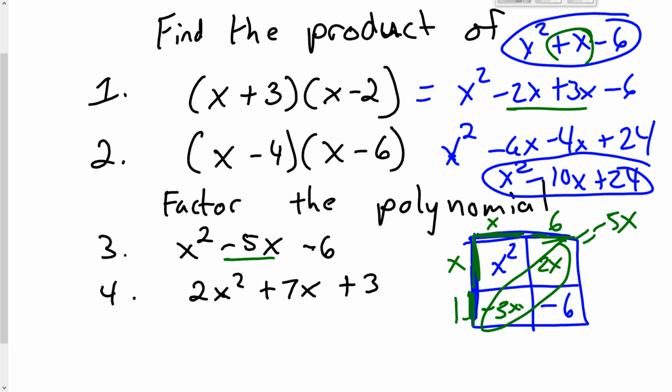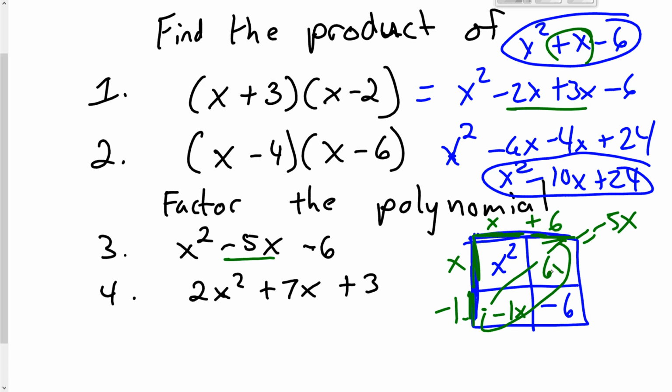Don't always forget the number one itself. Now I need a negative 6, so maybe the negative 1 and a positive 6. So that will get me a 6x and a negative 1x. Here we have to really practice adding numbers, adding negatives, subtracting, stuff like that.